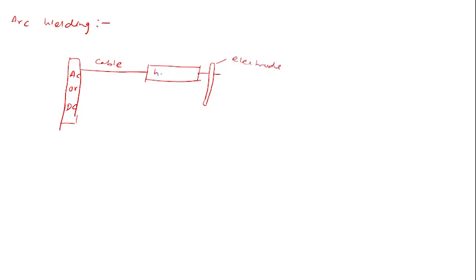This is your holder. With the other cable of your supply, suppose we are connecting the positive terminal to one and the negative terminal to the other, if we are using DC. With the other cable, we are connecting the workpiece.